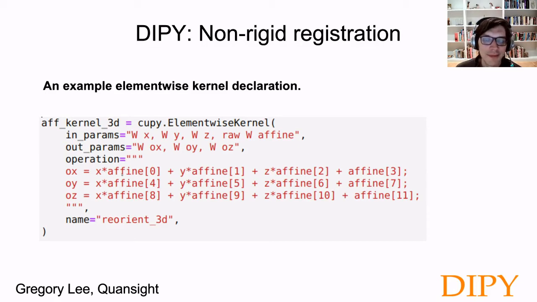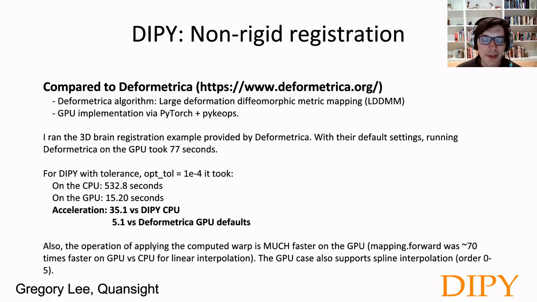So you're multiplying these elements by the x, y, and z coordinate, and then adding this offset element. And so there's various small element-wise kernels like this that were implemented in order to get the full functionality needed for the various operations used in this optimization.